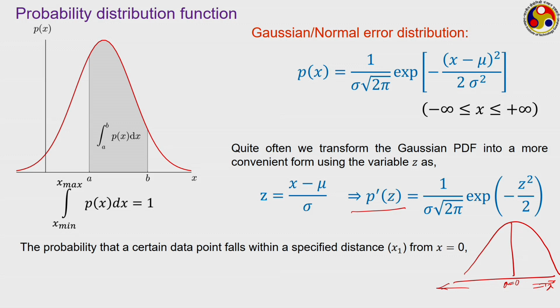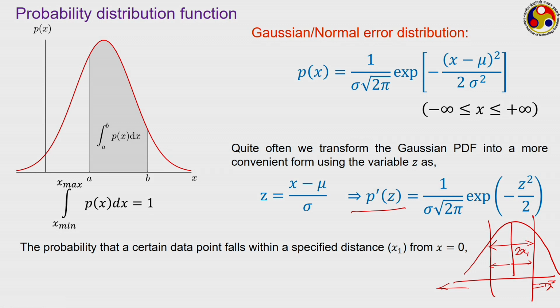So, if we are trying to identify whether one point falls within a certain distance x1 from 0, your x1 can be measured in this direction and also in this direction. That means we are talking about a band of width twice x1, that is x1 on the positive side and x1 on the negative side.